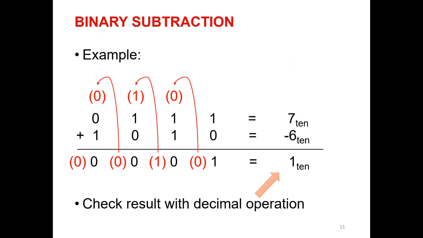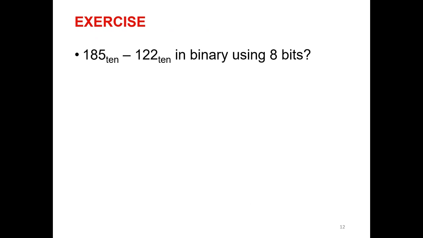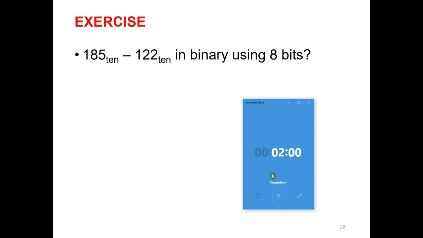So now I propose you do a more complicated exercise. I propose that you do this operation. I have a form here, and I give you a couple of minutes to subtract 122 from 185.